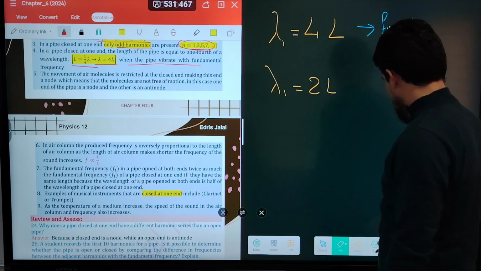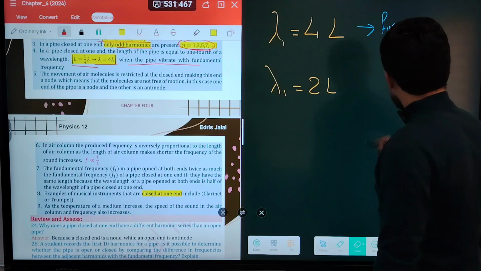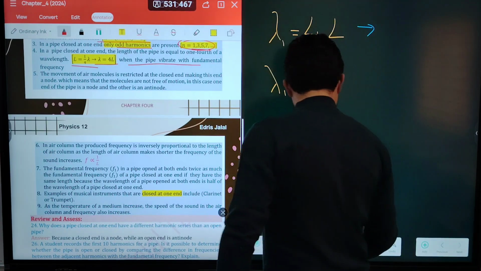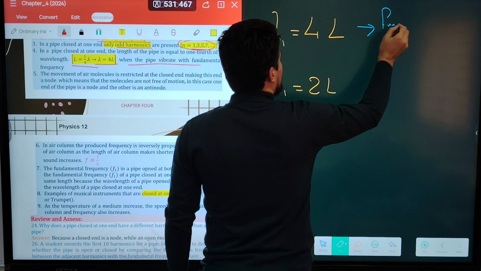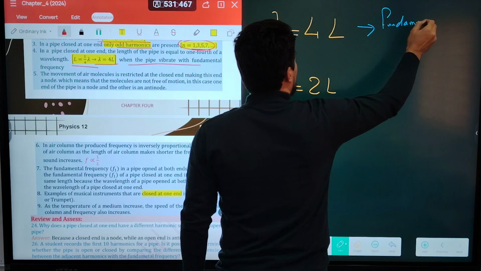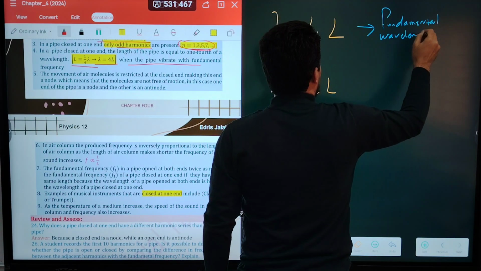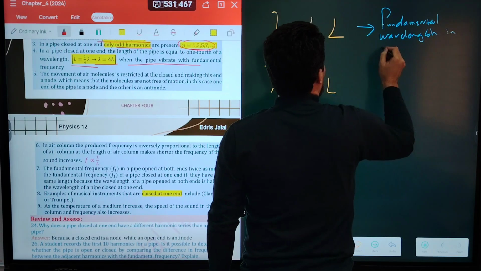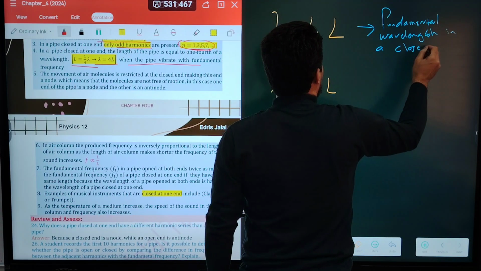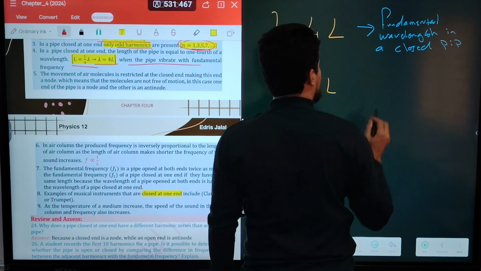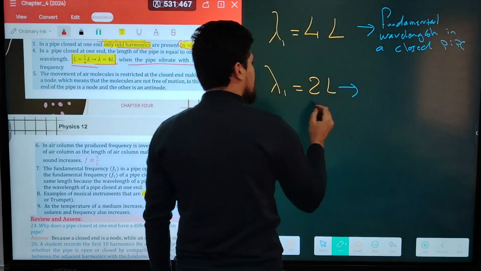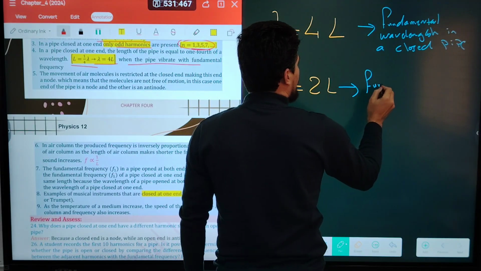This is the fundamental wavelength in a closed pipe.